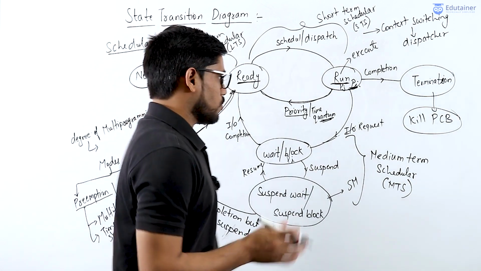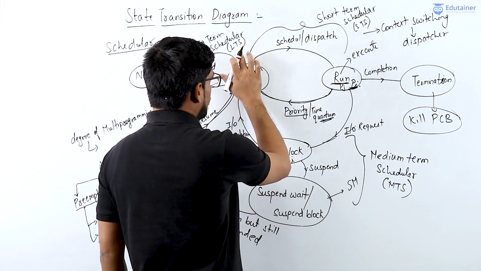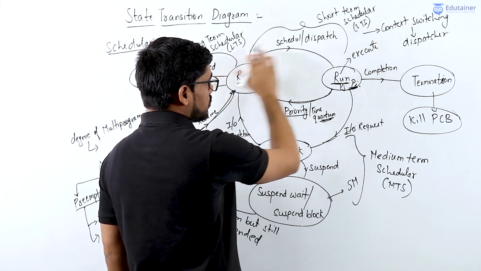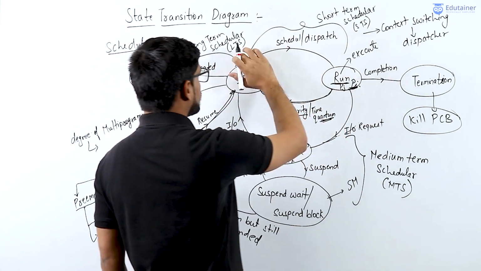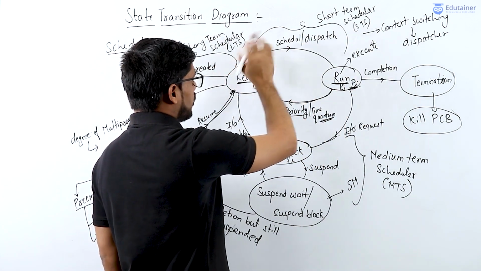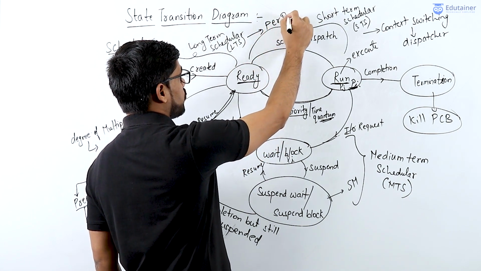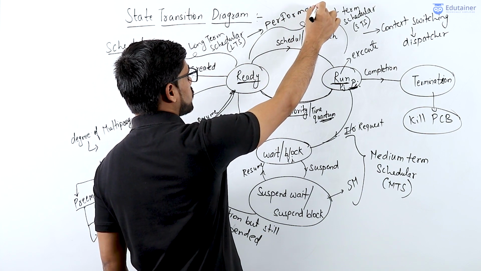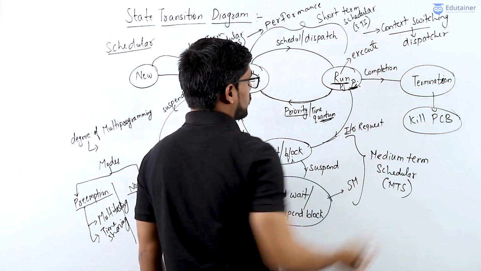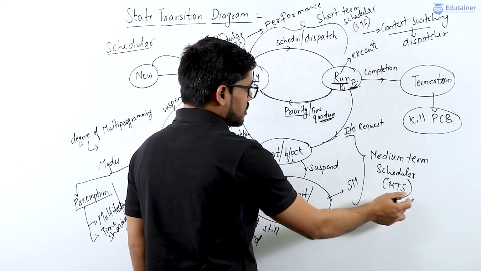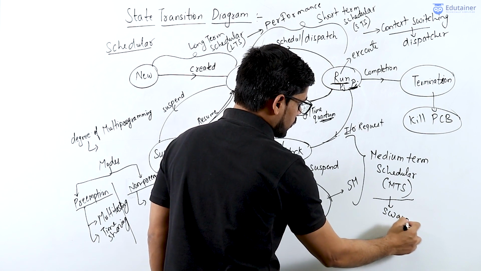So these points are worth noting: LTS is responsible for the degree of multi-programming, STS is responsible for context switching, and MTS is responsible for swapping of processes.